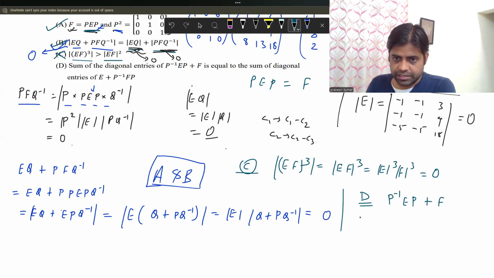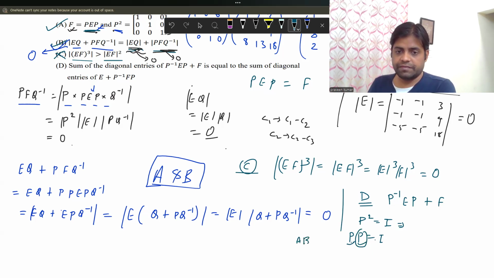Students, one more thing I'll tell you. P square is equal to I, right? It means P into P is equal to I. It means we have multiplied a matrix P with P, which is making it I, right?